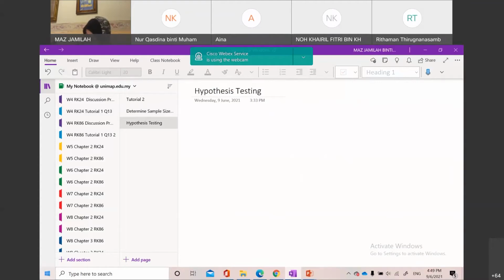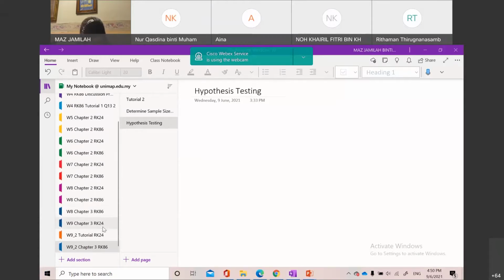Okay, what is hypothesis testing and how does hypothesis testing differ from what we call interval estimation? Last time we talked about how statistical inference can be done.